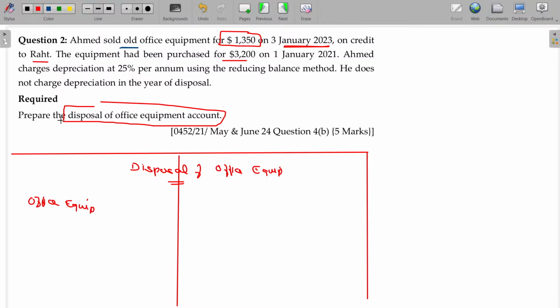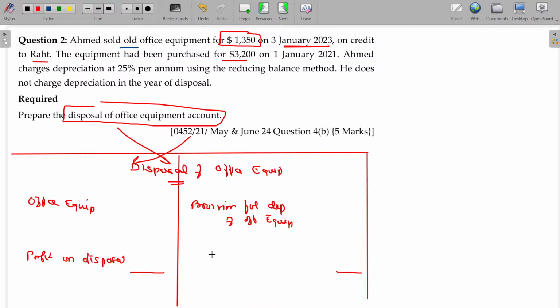Accumulated depreciation is transferred from the accumulated depreciation, or provision for depreciation of office equipment, to this one. And either you get profit or loss. In case of profit, the disposal is posted on the debit side. In case of loss, it will be posted here.